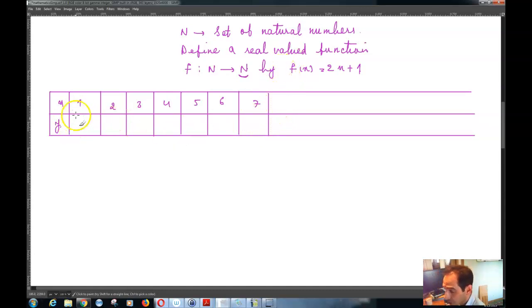So for example over here f of 1 is equal to 2x plus 1. So 2 times 1 is equal to 2, 2 plus 1 is equal to 3.